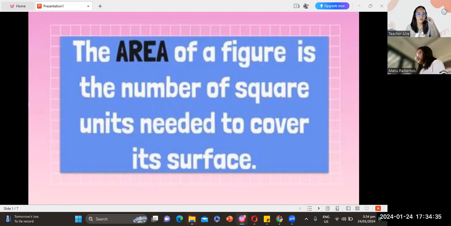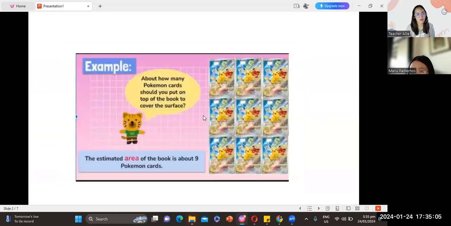Anyway, let's go back to your lesson about areas. So what is an area, Manu? Can you read, please? The area of a figure is the number of square units needed to cover its surface. Okay, so that is the area. Let's know more with our example.